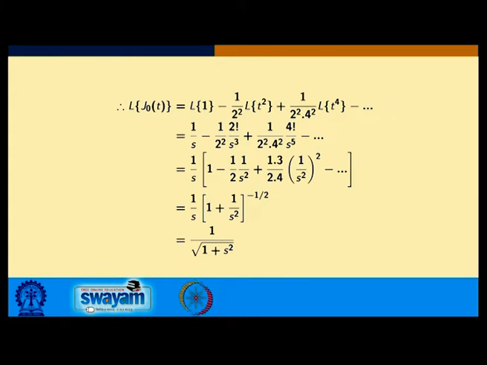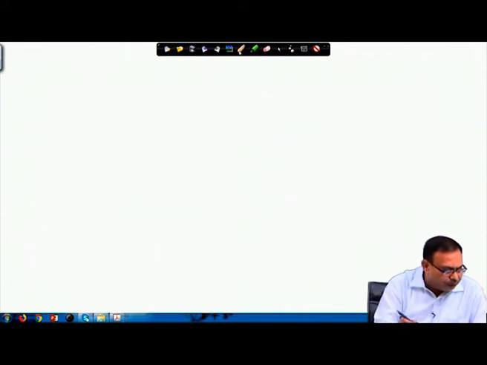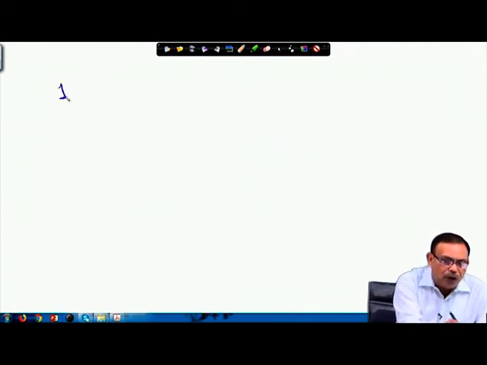Ultimately you will obtain 1 by s into this, which is nothing but 1 by root over s squared plus 1.